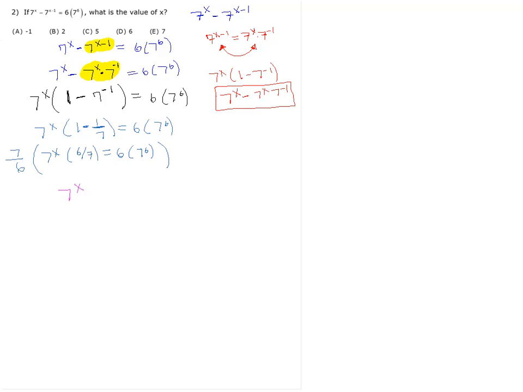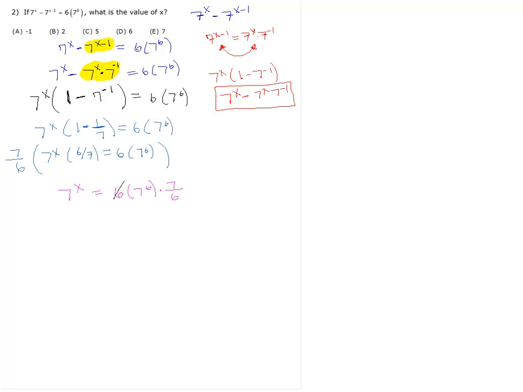Okay, so I'll have 7 to the x is equal to 6 times 7 to the 6th multiplied by 7/6, because remember, whatever we do to one side, we have to do to the other. And guys, make sure you're scrolling down too, because I'm below what was the initial field of view for everybody. So, no worries there.